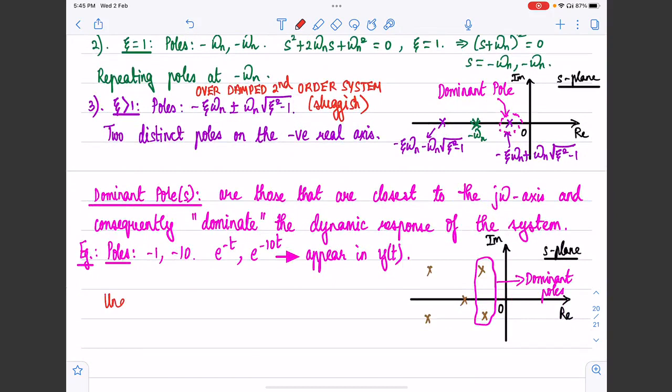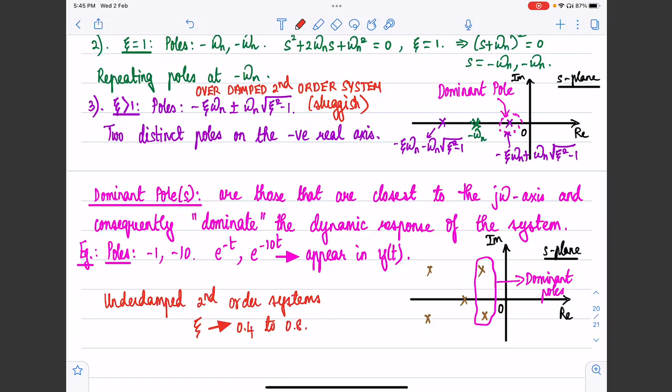And by and large, when we design such dynamic second order systems, this is a rule of thumb, nothing set in stone. People tend to design underdamped second order systems where the damping ratio is between around 0.4 to 0.8. So once again, nothing set in stone.